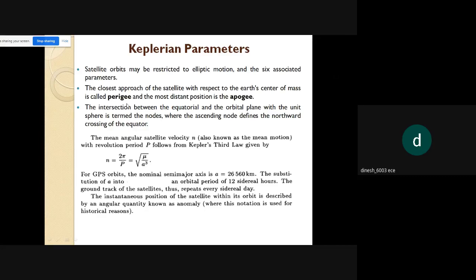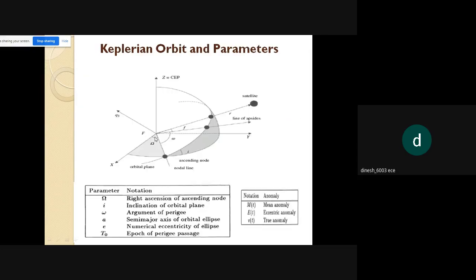The closest point of satellite and Earth is perigee, and the most distant point of the satellite with respect to Earth's center is called apogee. Closest distance is perigee, longest distance is apogee. The closest distance point determines the approach. So this is the argument of perigee and the perigee passage.